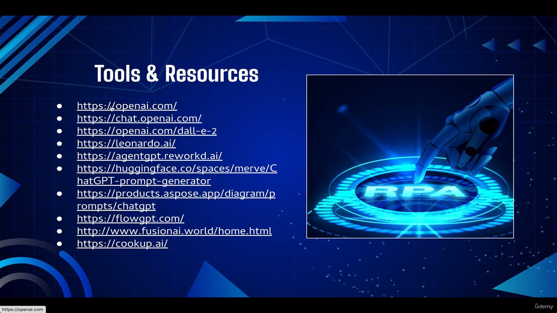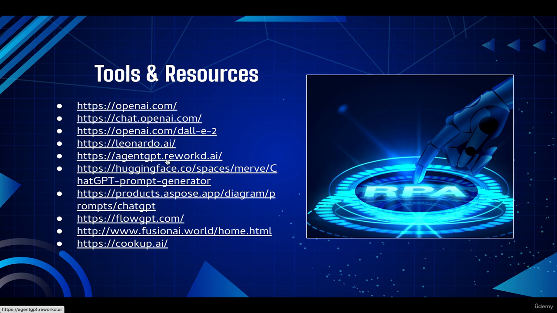So you need to create your account on OpenAI first before accessing ChatGPT and DALL-E, right? And DALL-E is basically a text to image generator, just the same thing as Midjourney, and Leonardo AI is also the same text to image generator, right? So these are the four main tools, and the rest are supporting tools.